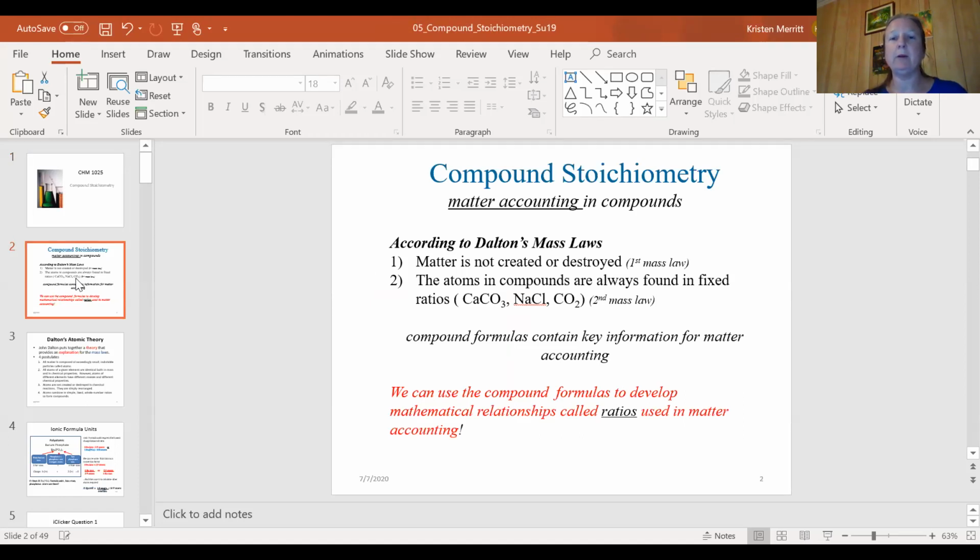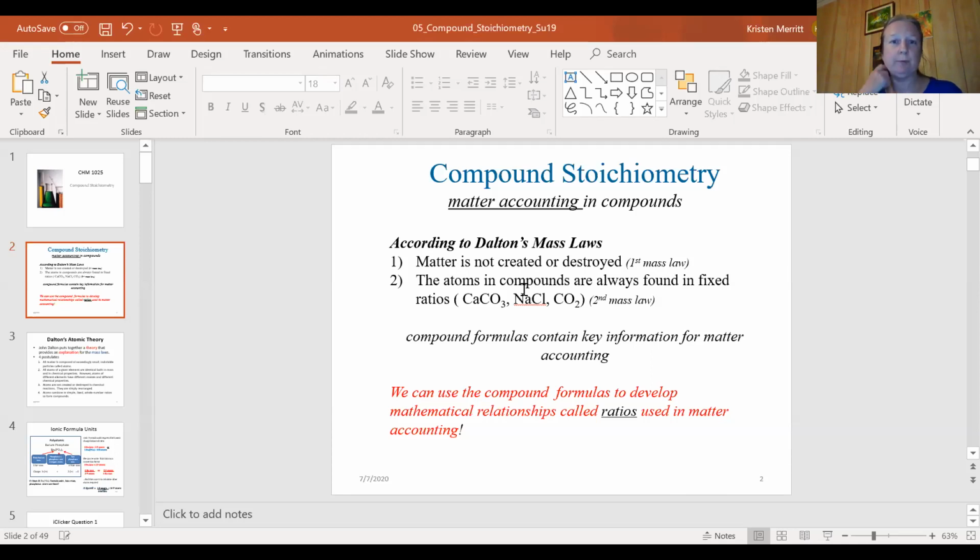So the fact that matter is not created or destroyed, the first mass law, therefore, whatever we have at the start of a reaction, we will have at the end. And so we can say a certain amount of product is made per reactant. We can say a certain amount of atom is consumed. Because we know what we start with, we will know what we end up with.